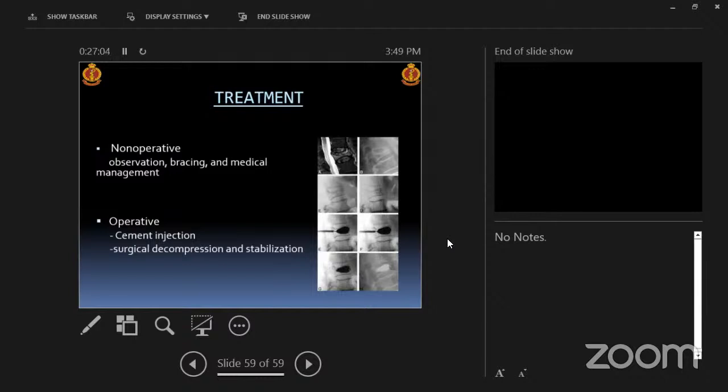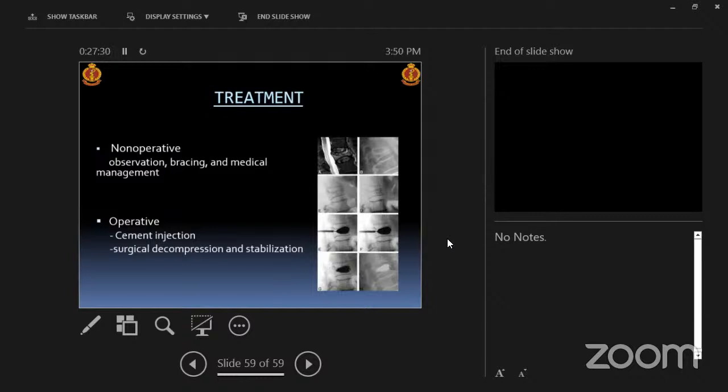What is the difference between kyphoplasty and vertebroplasty? In vertebroplasty, you inject the cement directly into the vertebra. Which is safer? Kyphoplasty, with the balloon. Why is it safer?